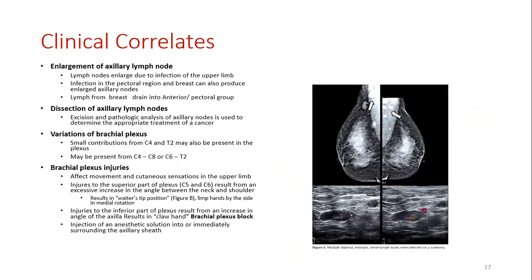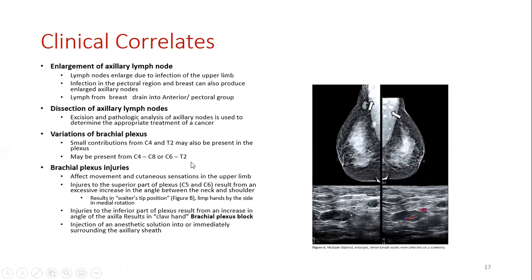Yes, in general, people have roots C5 to T1, but some people have their brachial plexus roots starting at C4. Some people have their brachial plexus roots ending at T2. So in some patients, their actual brachial plexus roots will be C4 to C8 or C6 to T2.